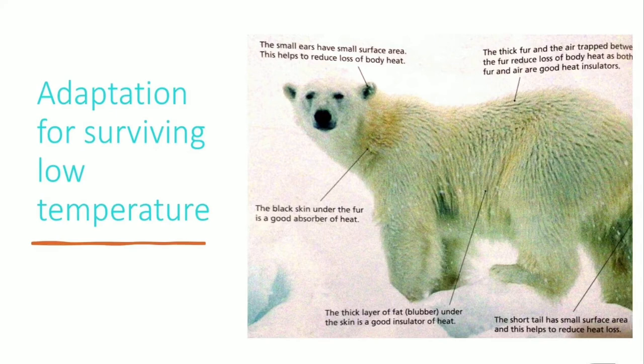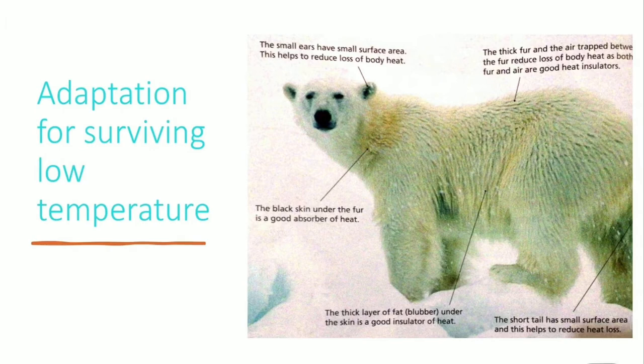The small ears have a small surface area. This helps to reduce loss of body heat. The thick fur and the air trapped between the fur reduce loss of body heat, as both fur and air are good heat insulators. So as you can see, it has white fur, okay? And the fur and the air that is trapped between it reduce the loss of body heat.